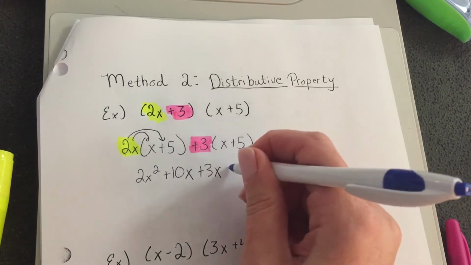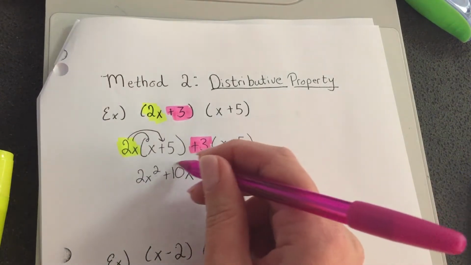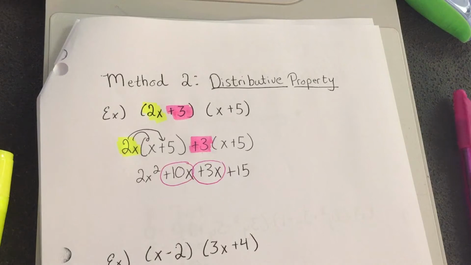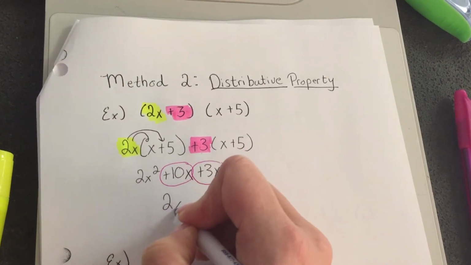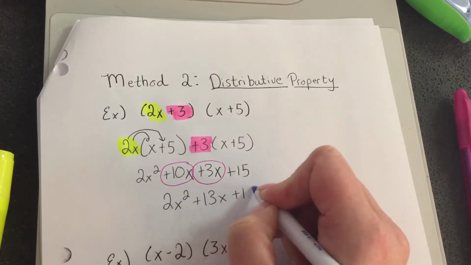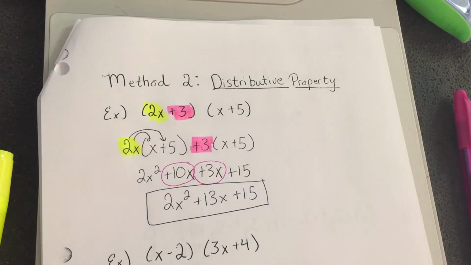And 3 times 5 is plus 15. Now we're going to combine like terms. We just combine our x terms and we get 2x squared plus 13x plus 15. But you would get the same answer if you FOILed.